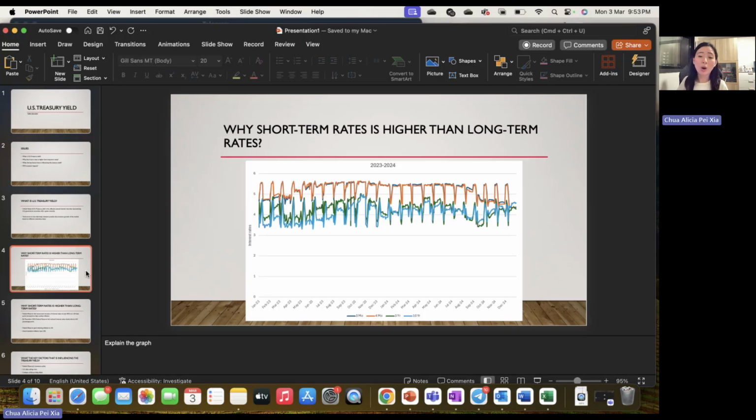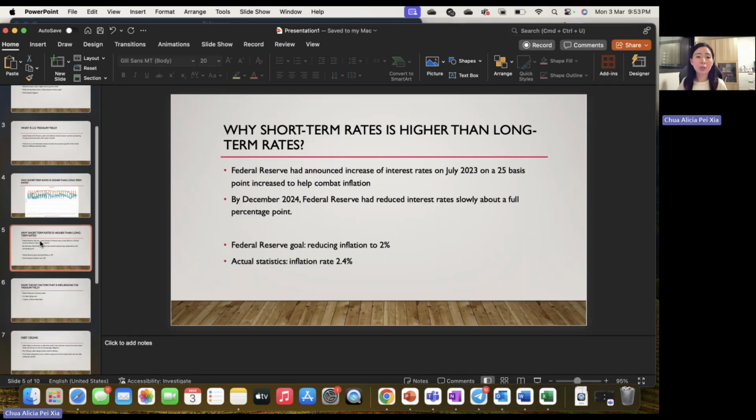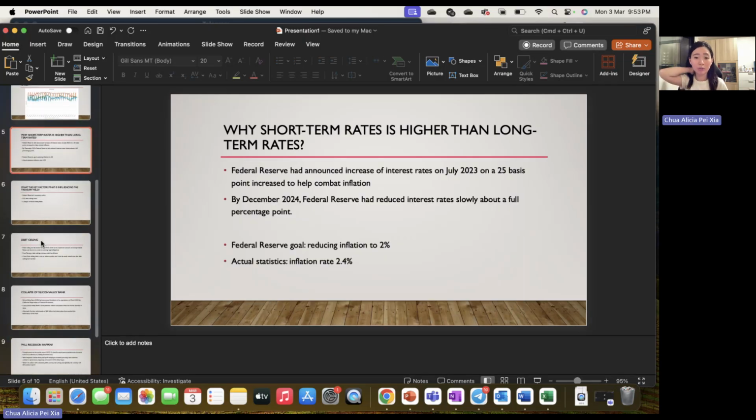So why? It's because the Federal Reserve announced an increase of interest rates in July 2023 to help combat inflation. But by December 2024, the Federal Reserve had actually reduced interest rates slowly by about a full percentage point.